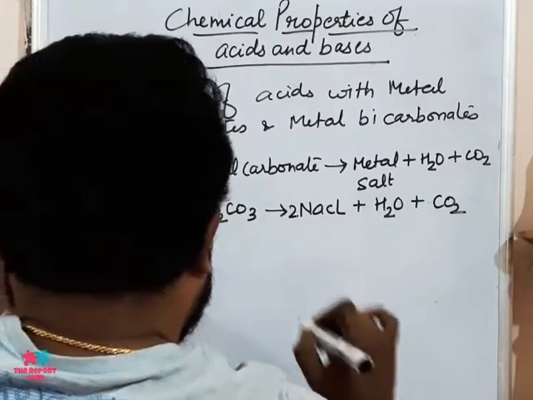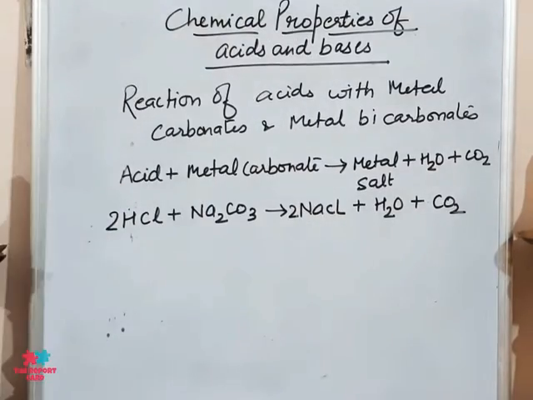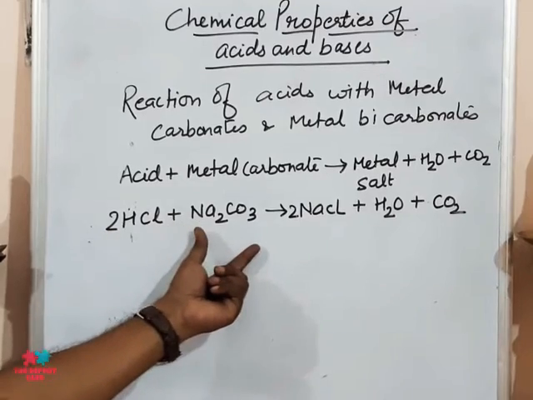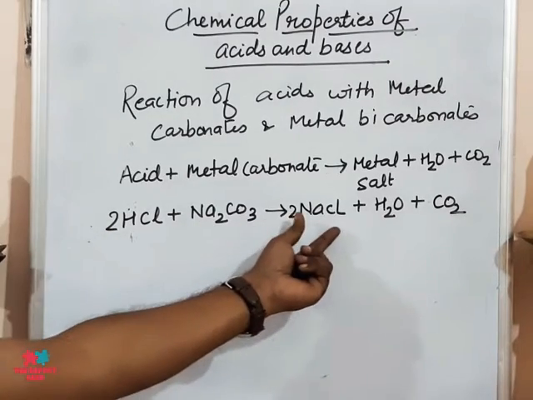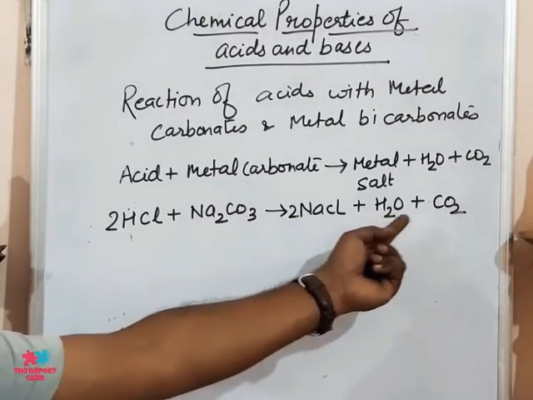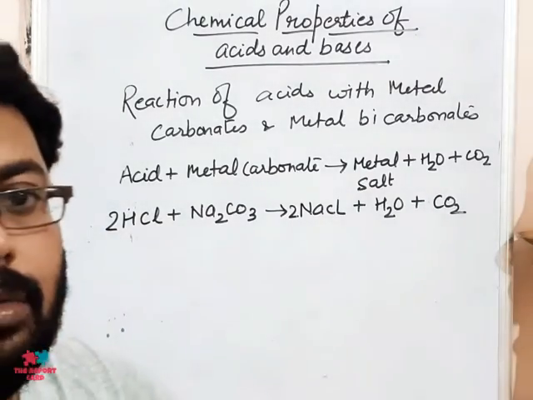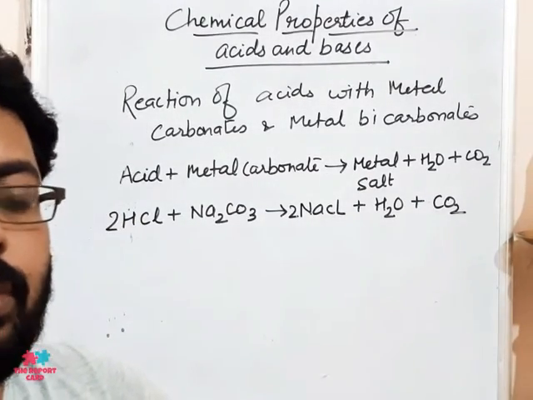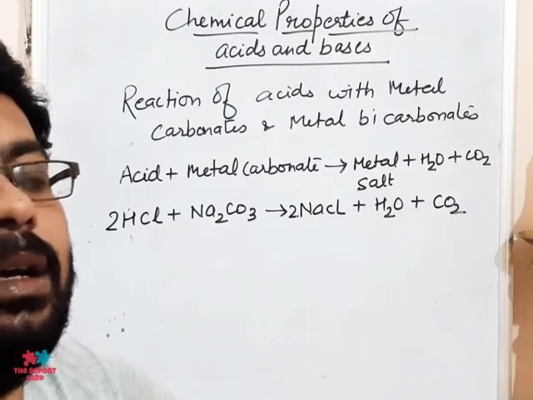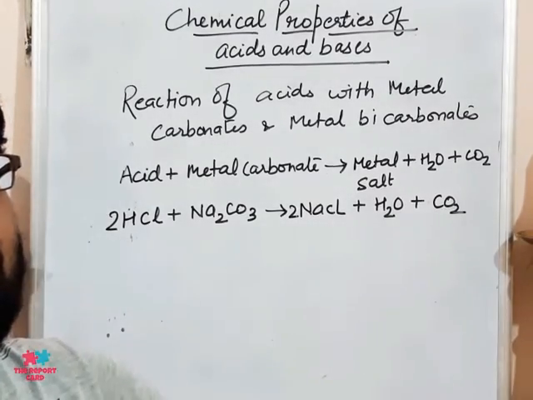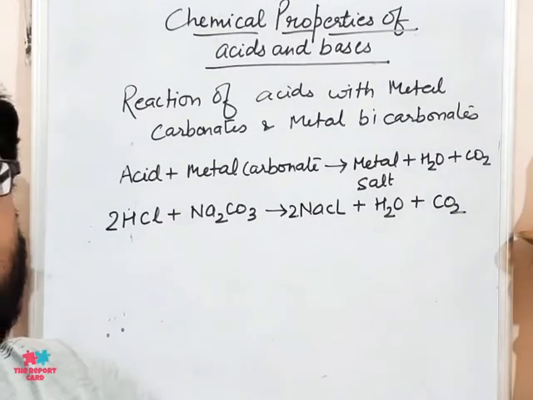It is balanced. So you can see hydrochloric acid with sodium carbonate forms sodium chloride, water and carbon dioxide. Whenever this carbonate reaction happens, the gas evolves with a hissing sound, with a fizz.